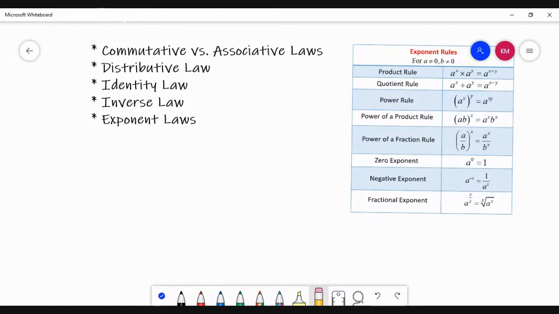We are now going to move on to our final law and rule, which is fractional exponents. So, how did the fractional exponent come to be the way it is and the way it looks?